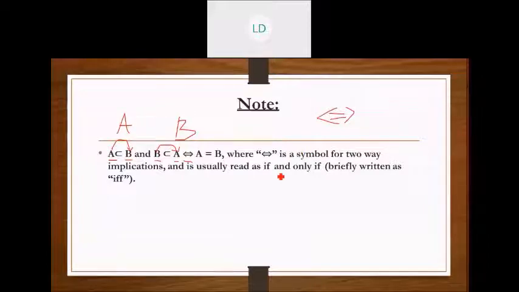The double implication symbol indicates the double implication: if this happens, then that will happen, and then only that will happen.